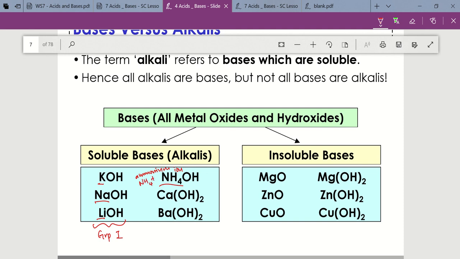You've learned this in the previous chapter. There is calcium, there is barium. So this is your A, B, C. And for insoluble bases, common examples are metal oxides and metal hydroxides.